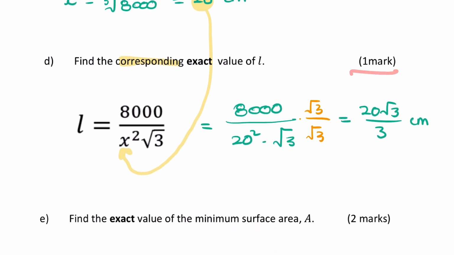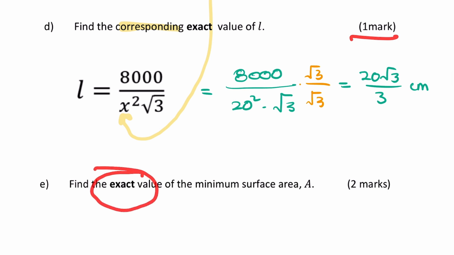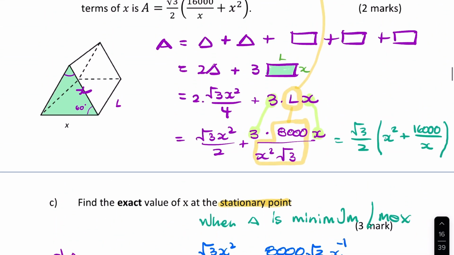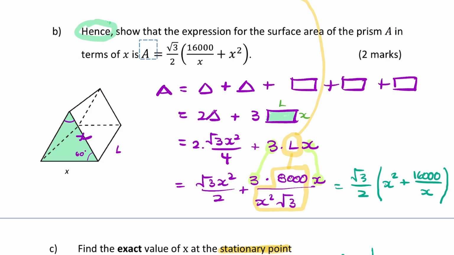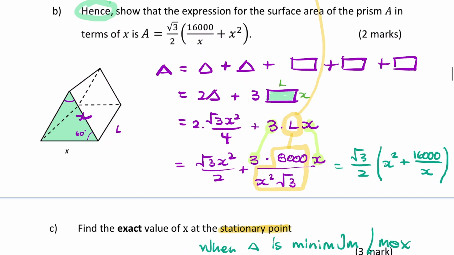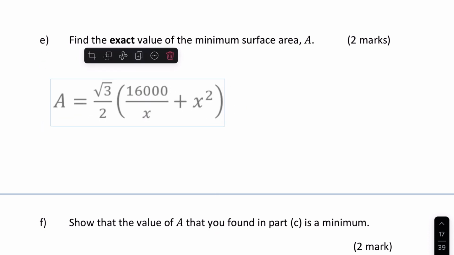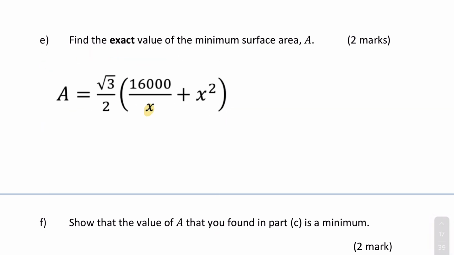That's just 1 mark. It then says find the exact value of the minimum area. So that means the area when x equals 20. And again, we're given this expression, so we're allowed to use it. So you go back and simply replace x here and here with 20. So you've got 20 here and 20 there.